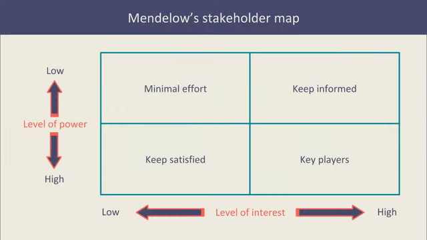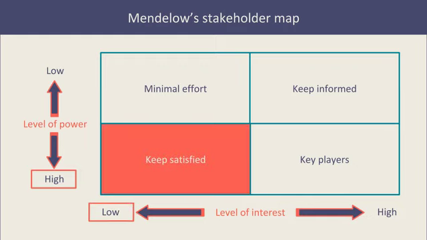Finally, some stakeholders have lots of power but often little interest. For example, shareholders of listed companies could intervene in business decisions should they so wish, but so long as their personal objectives of creating wealth are satisfied, they probably wouldn't be interested, hence keep satisfied.